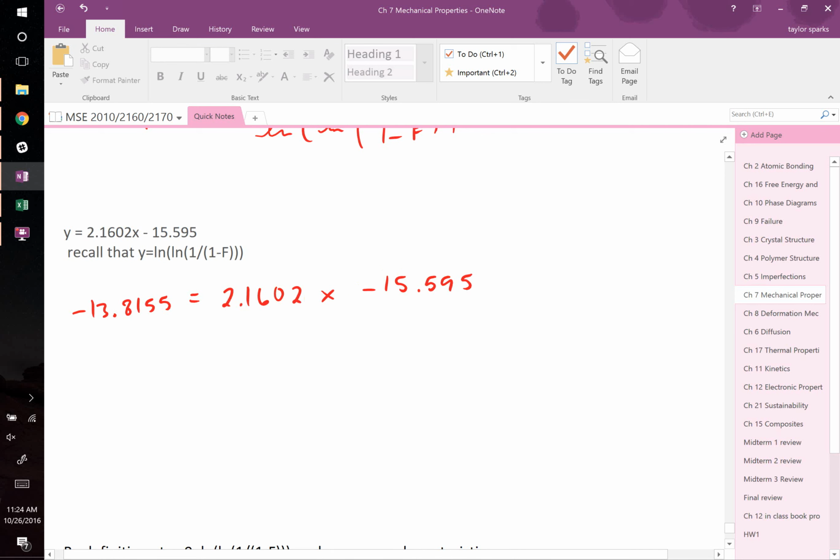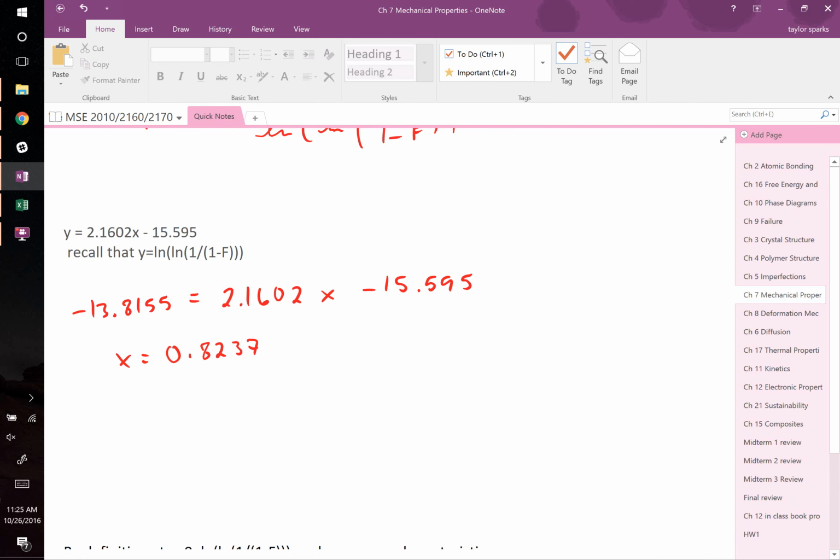So now we can solve for x. When we solve for x, I get that x is equal to 0.8237. So does that mean that we can only load it up to 0.8237 megapascals?